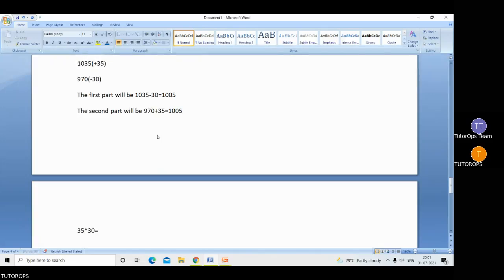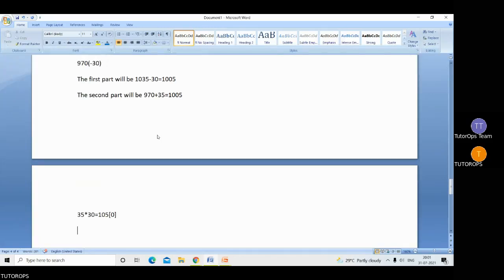So what will be 35 into 30? That is 1050. But remember one thing, in this case, I need to put the last zero off. Why? Because I have mentioned that it is basically a multiplication by 10. So when I am multiplying by 10, I need to take the last zero off.